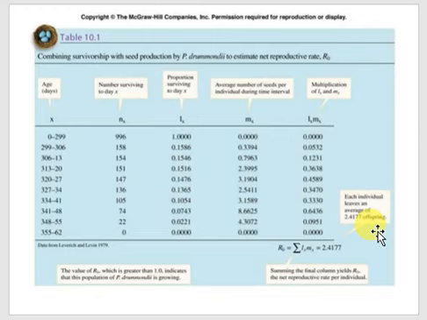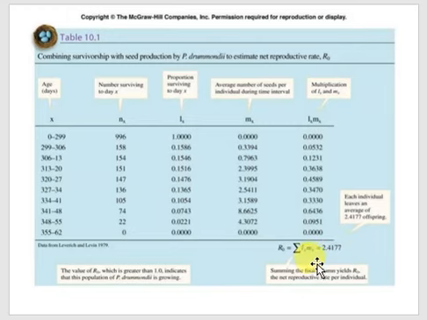Now, you can take this value and, using the correlations that I described before, start describing whether this value indicates that the population is growing or decreasing.